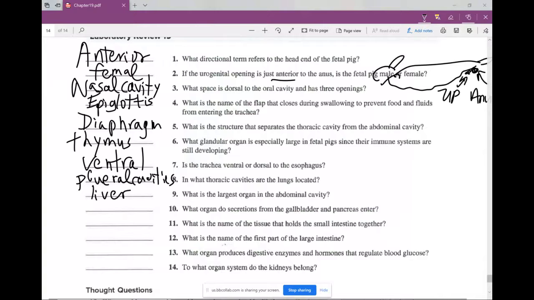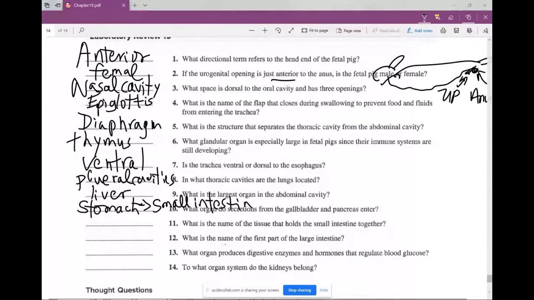What organ do secretions from the gallbladder and pancreas enter? That would be the stomach. Stomach. You guys check on me. I think maybe I made a mistake here. It's either the stomach or the small intestine.